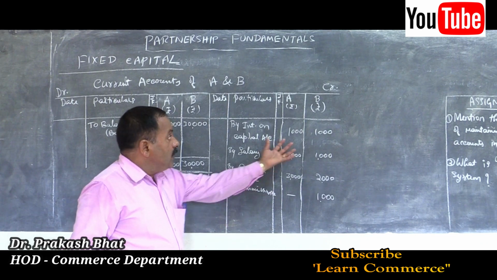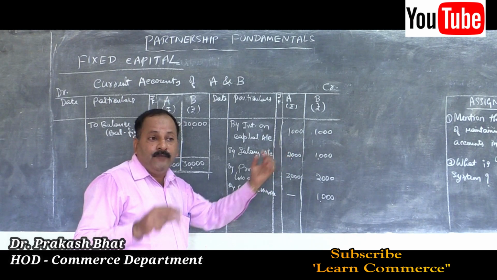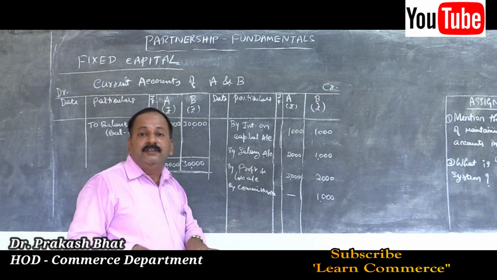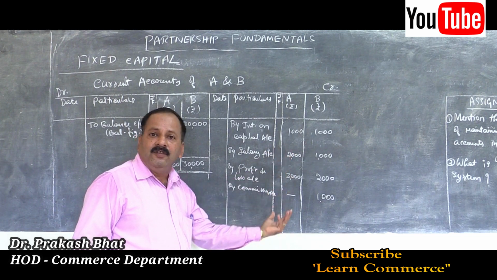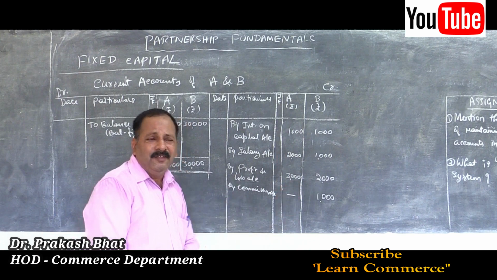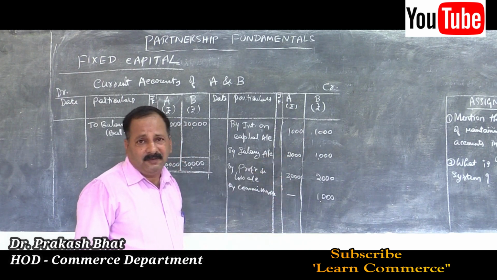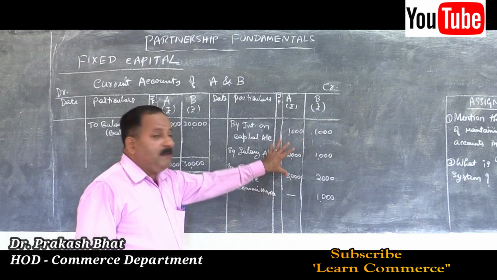So you may commit mistakes when you write lakhs and crores. When you use the calculator, if a zero is not properly added, you will be in trouble. The wrong answer will come. So better you just take these simple figures and solve this problem without using calculators. So you can save your time and there will also be accuracy.